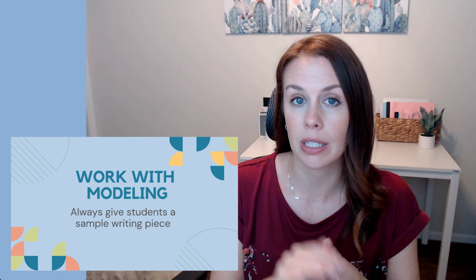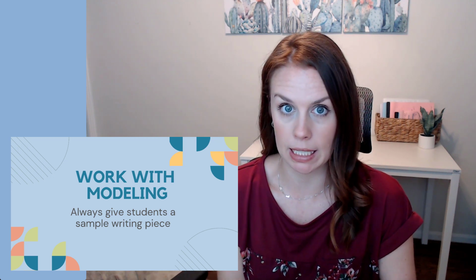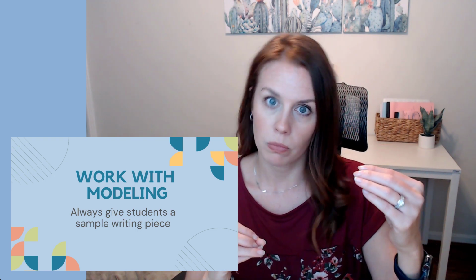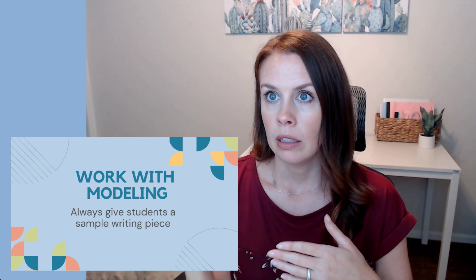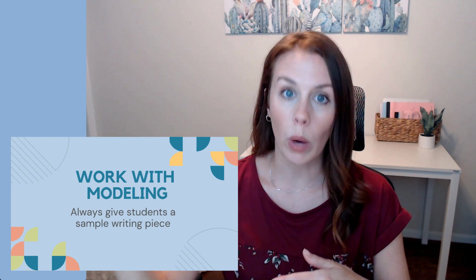So modeling is our next step, and this is where you are going to want to ensure that you give your students lots of 5-star writing pieces. You're going to show them the process of how to do that. You're going to show them final pieces when you get towards the end of your units, but you're also going to model the chunks of the writing piece. So if you are teaching them specifically how to state an opinion, you are going to model ways to state an opinion.